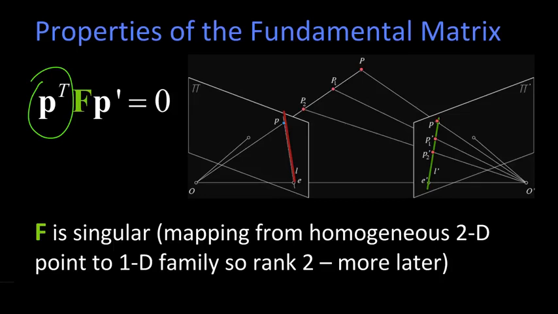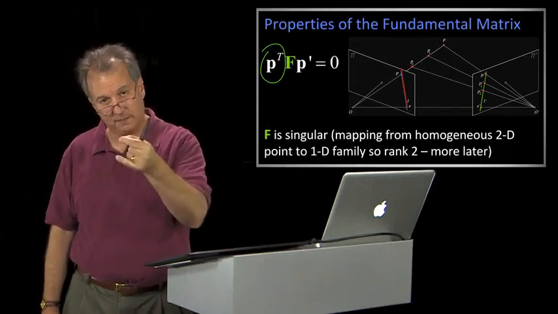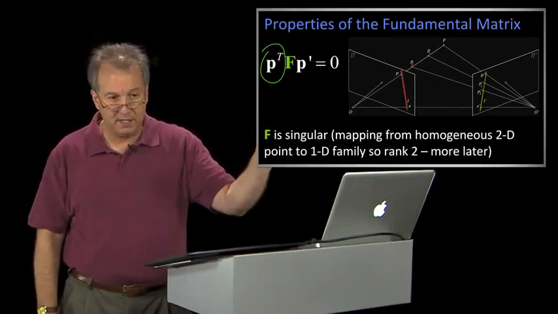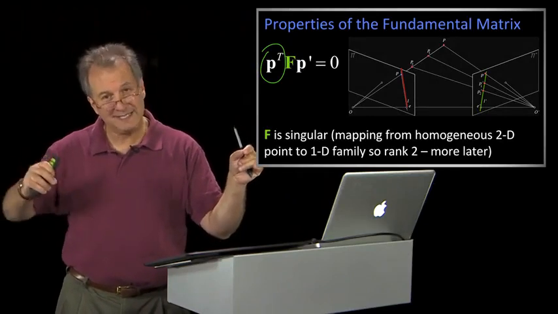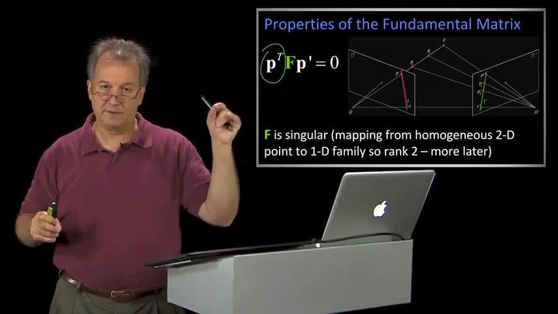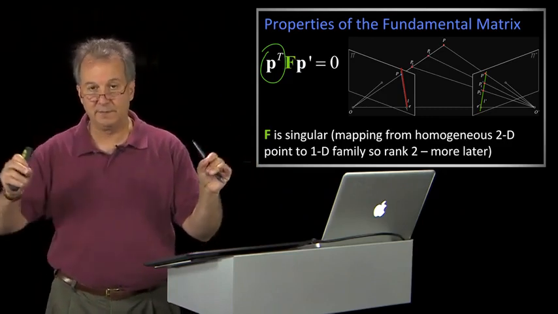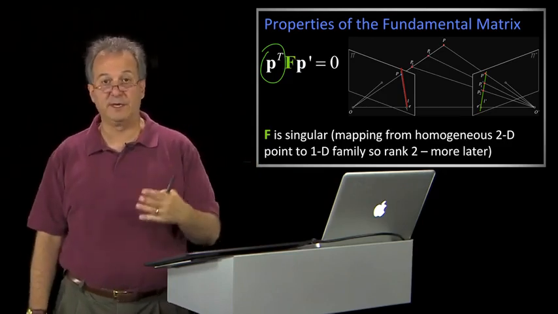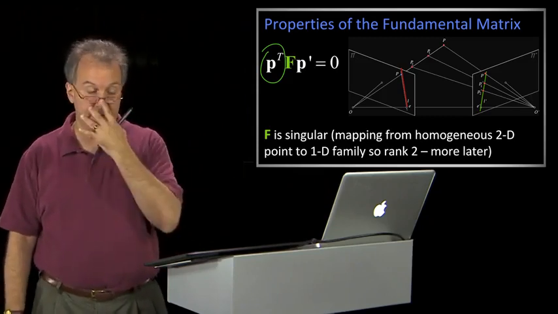So it maps from a 2D point to a 1D line. And that's what requires that it be singular. We'll do a simple algebraic proof of it later. But it makes sense because when you give me a fundamental matrix and I give you a point, you can't tell me the point over here. All you can tell me is the line. So we go from something that has 0 degrees of freedom, a single point, to something that has another degree of freedom. And that's because the rank of the fundamental matrix is only 2 and not 3. Like I said, we'll show that to you in just a minute.